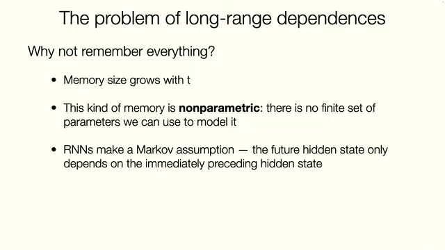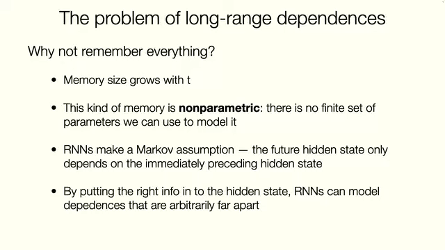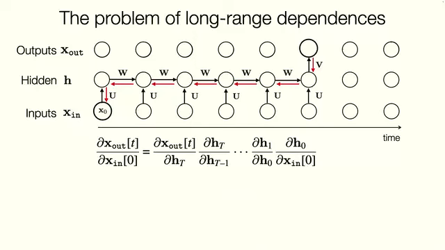RNNs make a Markov assumption, which is to say that the future hidden state only depends on the immediate preceding hidden state, right? So we say, okay, it's recurrent, but we only depend on just the immediate hidden state before that. And then by putting the right information into that hidden state, you can model dependencies that are arbitrarily far apart, in theory, right? Because the model learns with W how to keep the relevant information, or at least that's the hope.